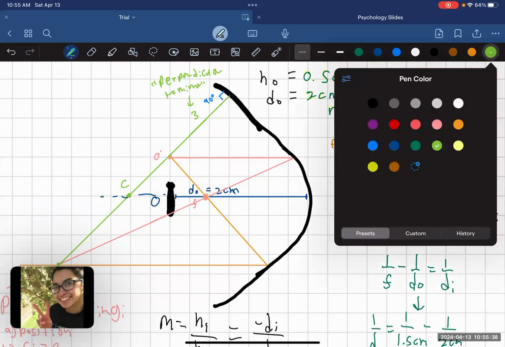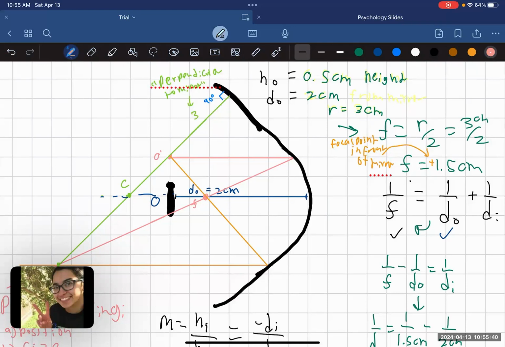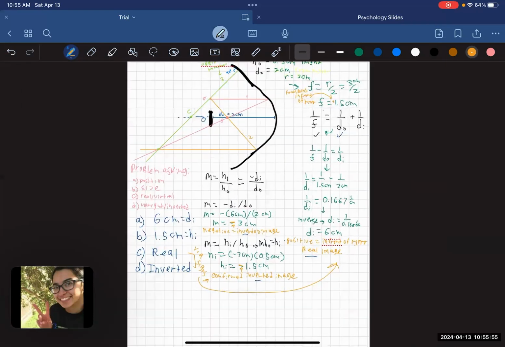But I'm pretty sure she's gonna have you guys focus most on this first ray that you draw, and then the second ray. But yeah, that's all for that problem. Pretty sure.